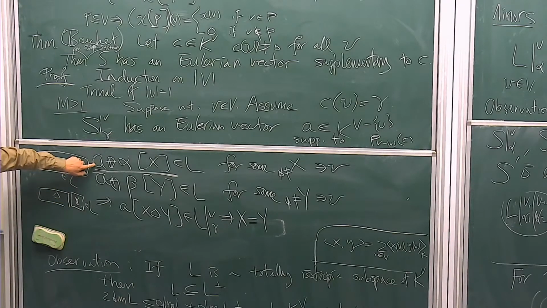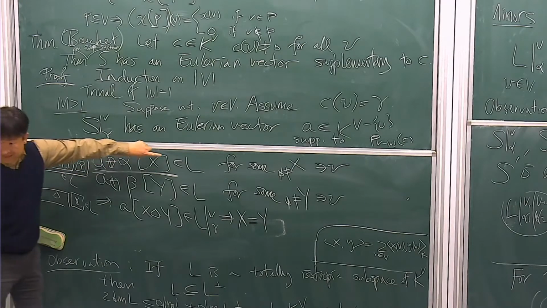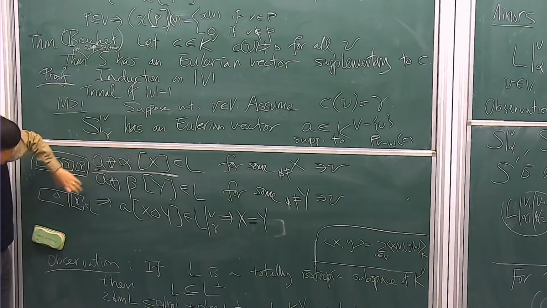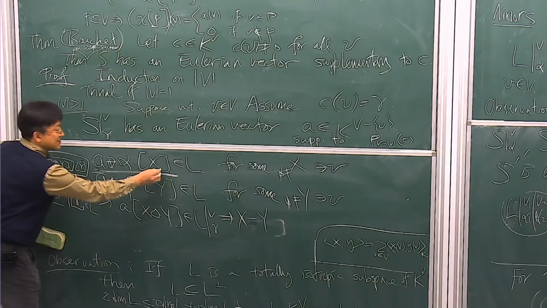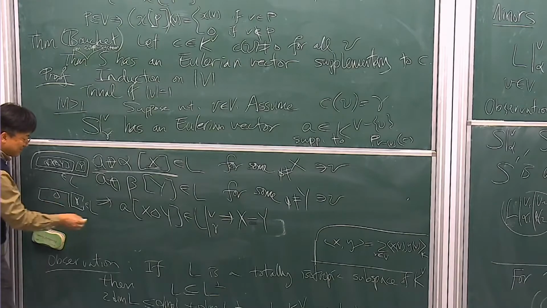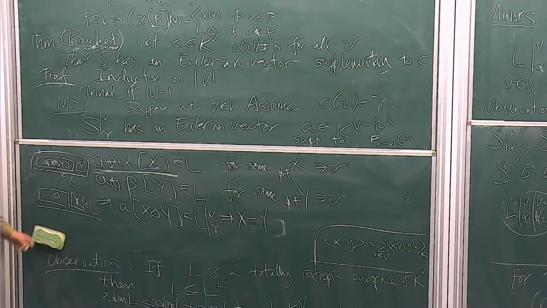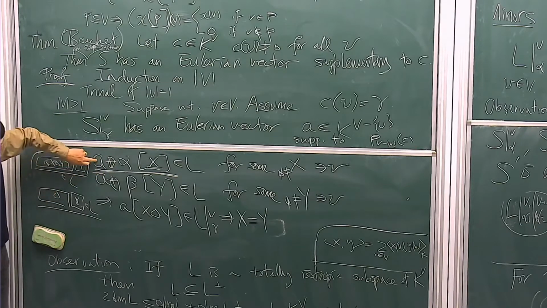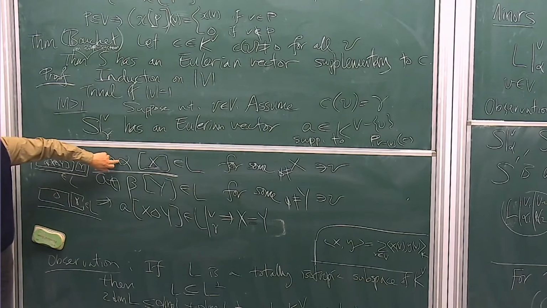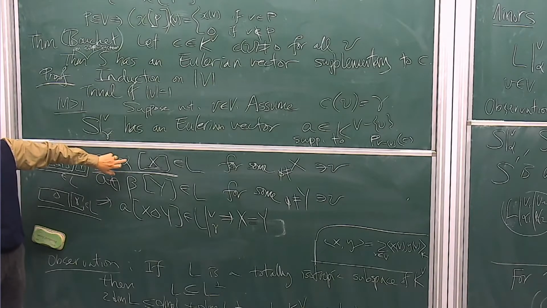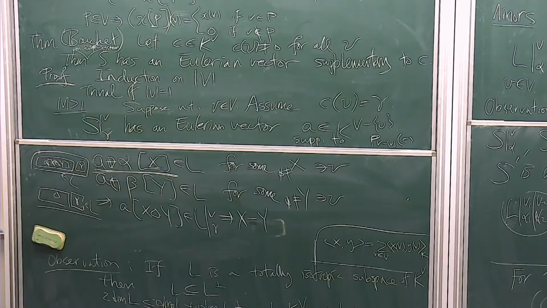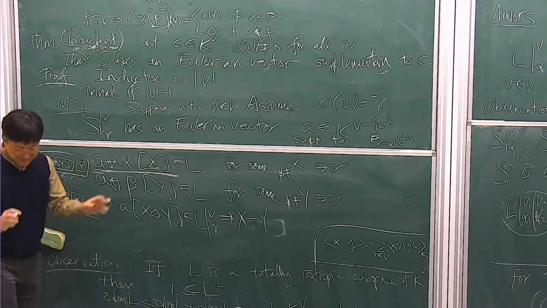We said that A plus alpha is in L. But this is not orthogonal to that, right? This X contains V. So the inner product between these two is 1. With 0 to A is 0, but gamma to alpha is 1. So that's a contradiction. L was totally isotropic. So all this linear algebra proof gives you something.